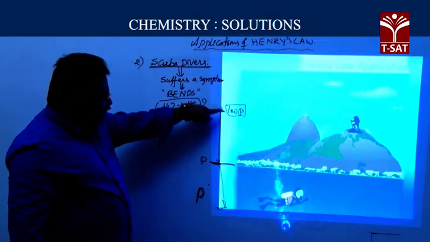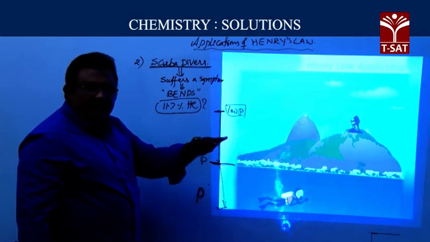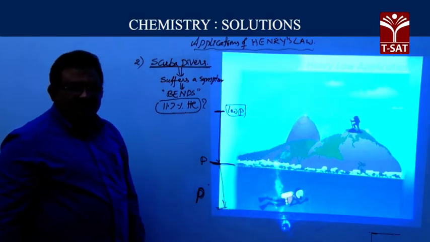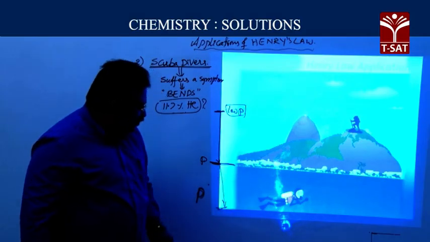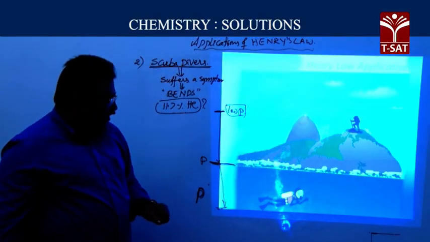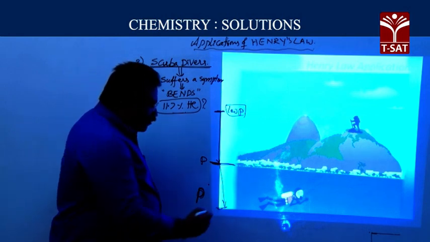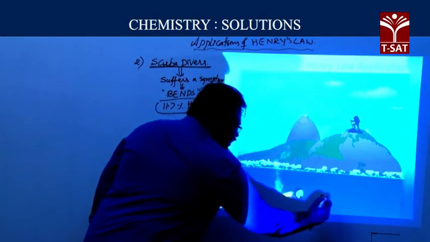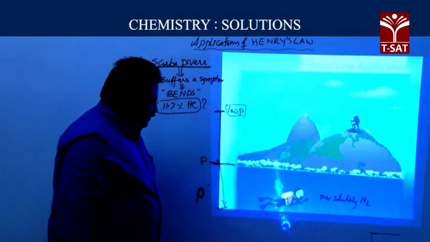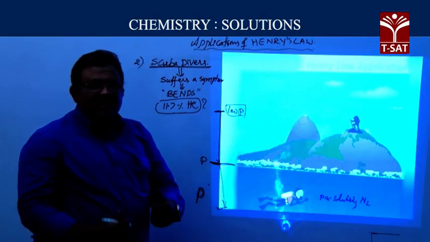So, once again, at the hilltop, pressure is less. At sea level, pressure is intermediate. At the bottom of the sea, pressure is high. When the scuba diver goes down and down, because of more pressure of the gas, the N2 solubility in the blood increases.